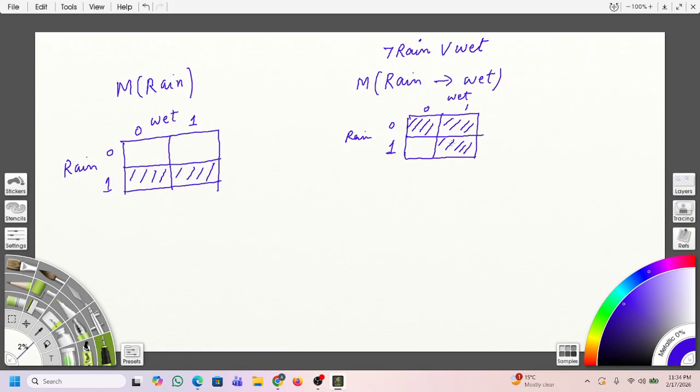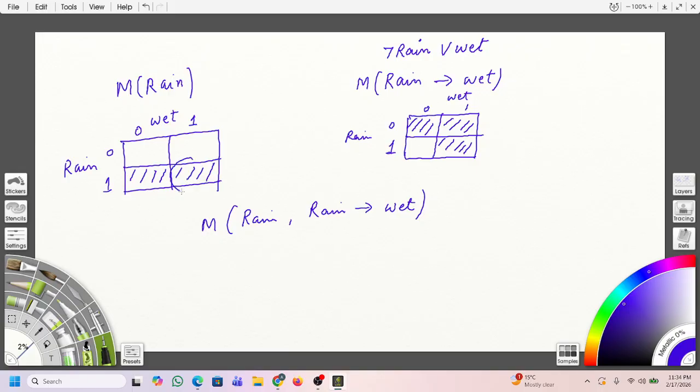Now what we can see is the model of rain, comma, rain implies wet. I am trying to take these two formulas and plot their output. It will be the intersection of these two.